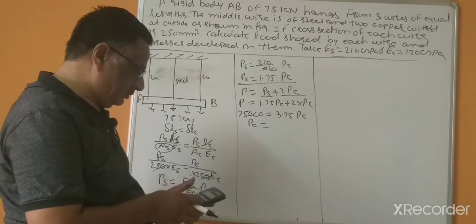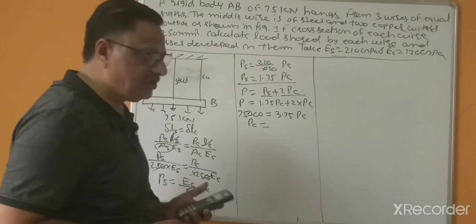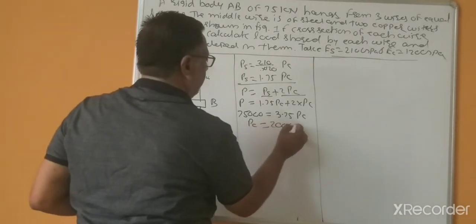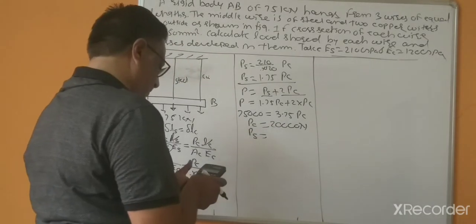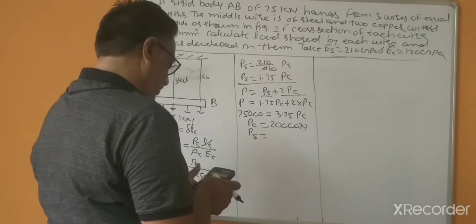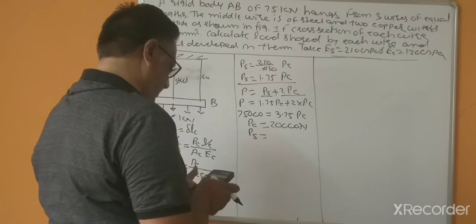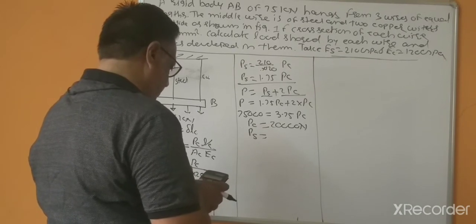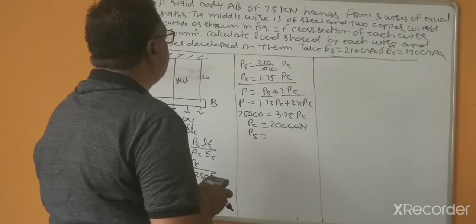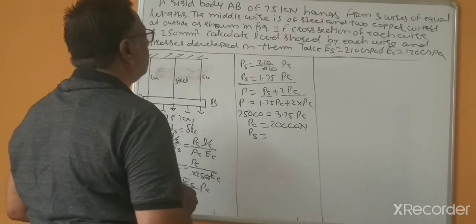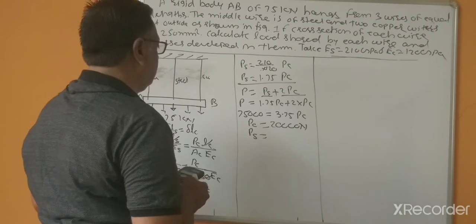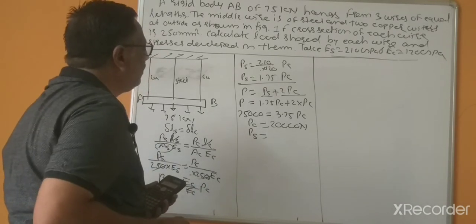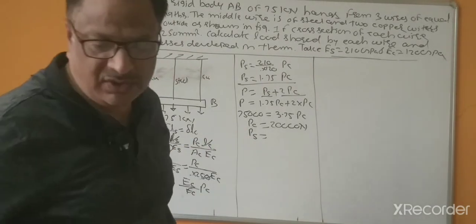So that's why this is equal to 20,000 newtons, PS equal to 1.75 times 20,000, multiplied by 1.75, equal to 35,000.